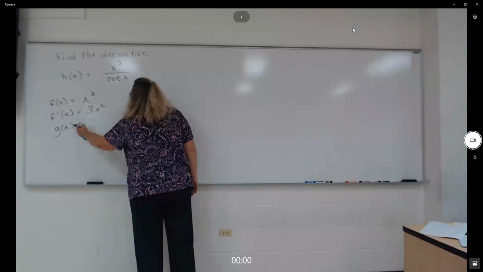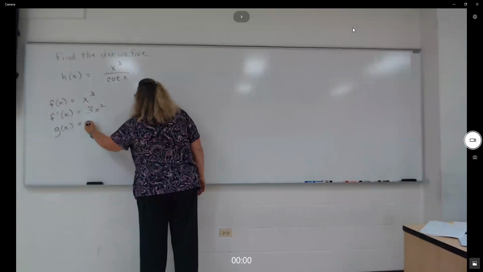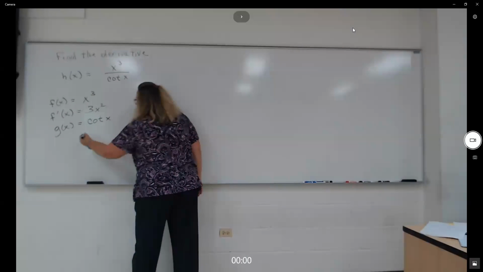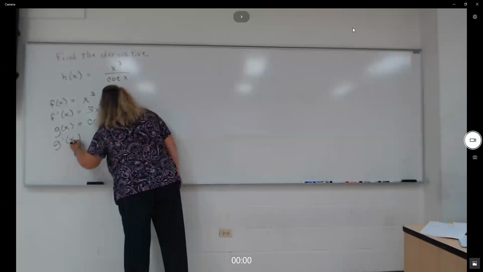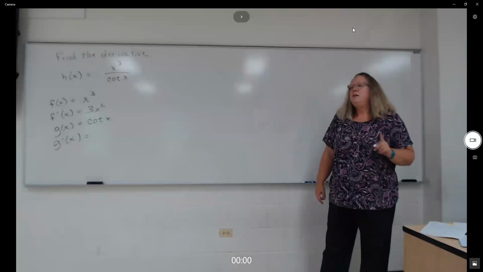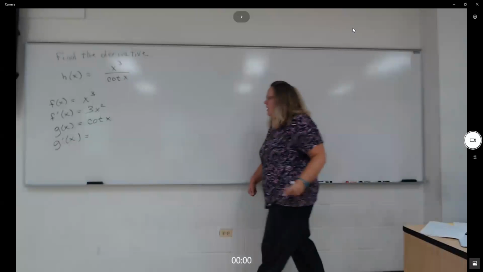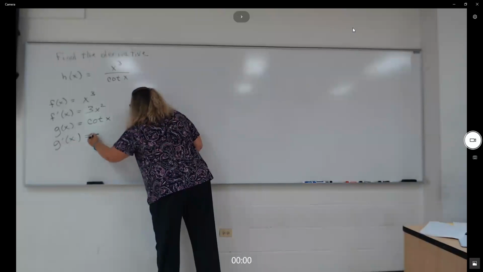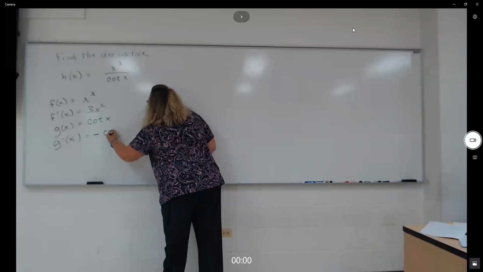All right, g is the denominator, cotangent. All right, what is its derivative? Negative, it should be cosecant, right? Yeah, that's a good one. And negative is right, negative cosecant squared.